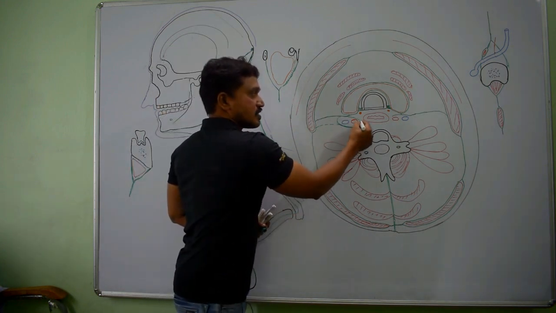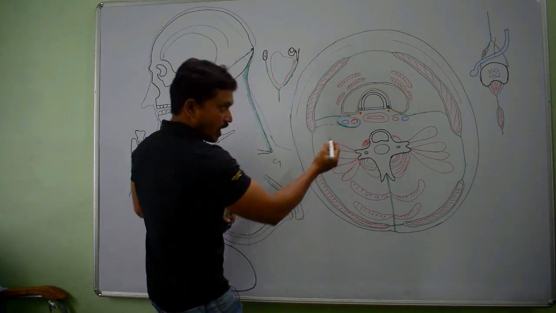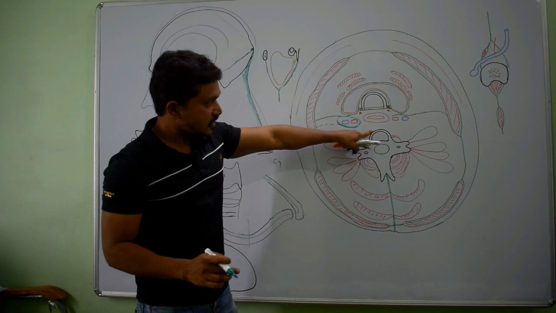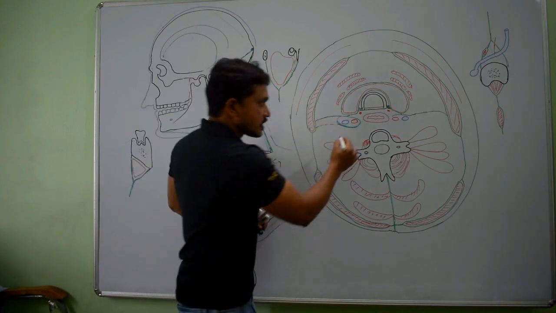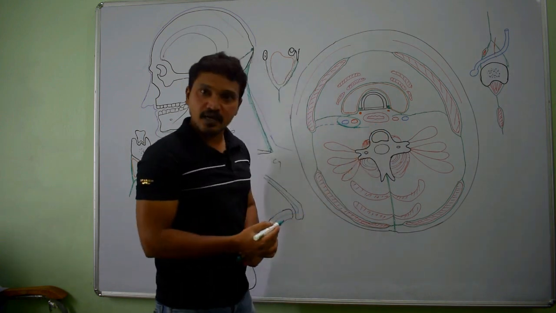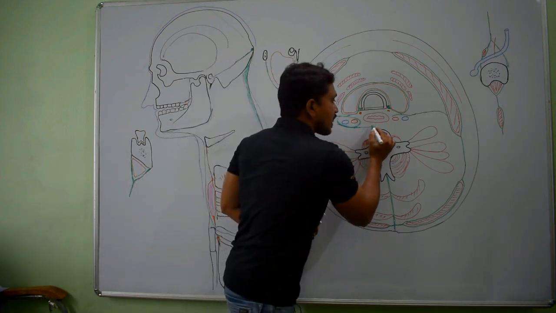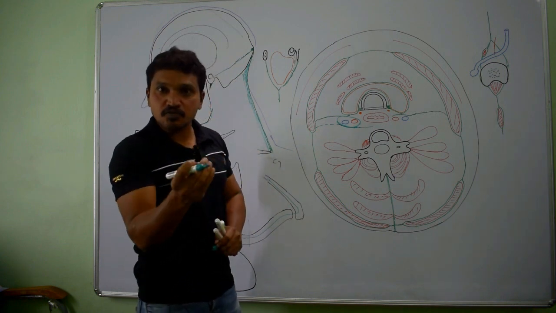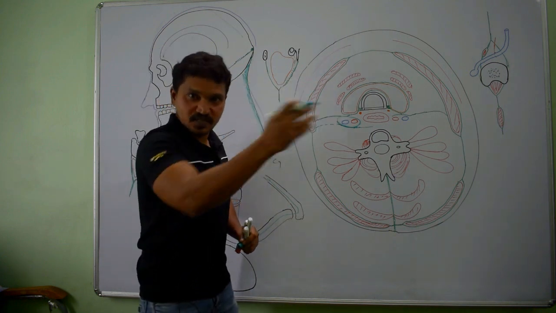So like this the carotid sheath will be formed. After that it covers the pre-vertebral muscles. See here, these are the pre-vertebral muscles. It covers the pre-vertebral muscles and the cervical vertebrae, and in the midline fuses with the similar layer of the opposite side.